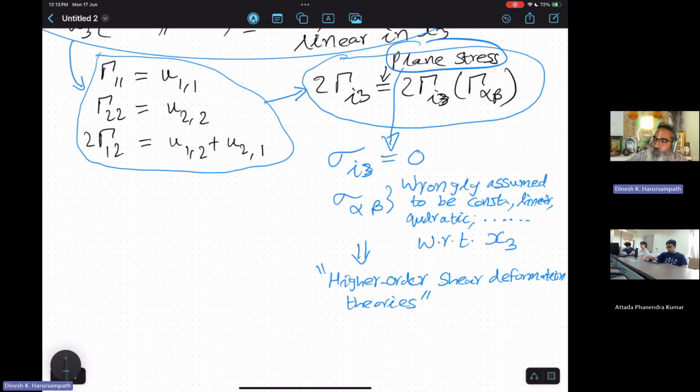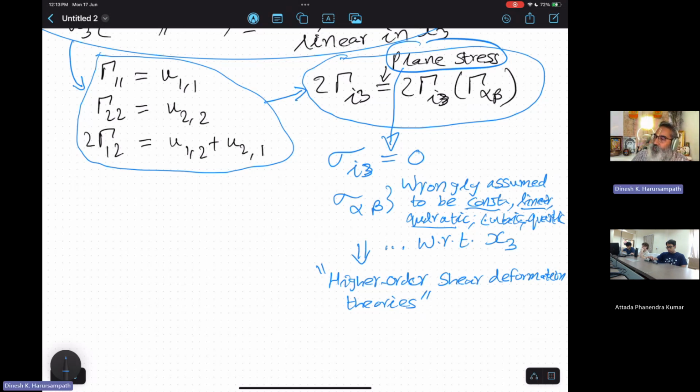There's a whole bunch of these; different authors have come up with many, many different kinds of higher order shear deformation theories just by going on this power series: constant, linear, quadratic, cubic, quartic, etc.